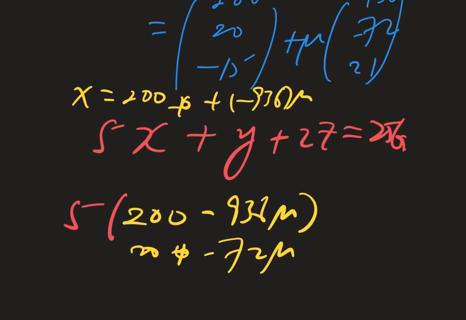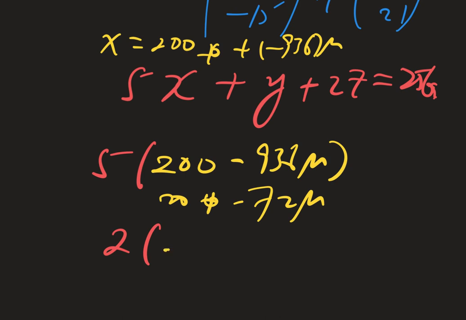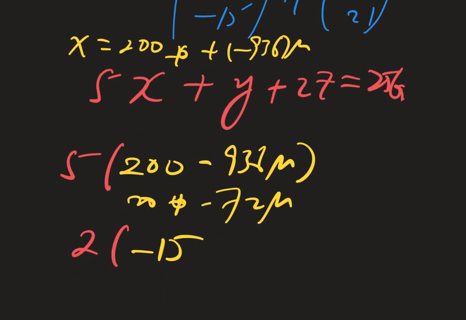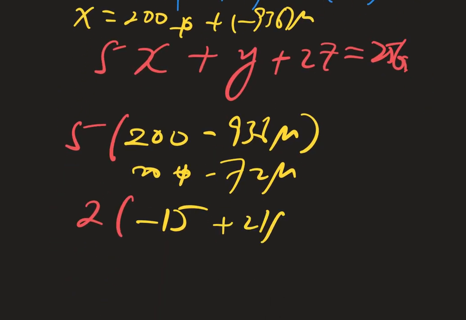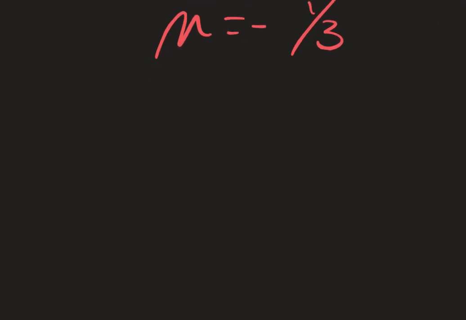See, you have a linear equation with one variable only, which is equal to 2560. So ultimately you get your mu, which is equal to minus 1/3. So now you substitute it again into this xyz.